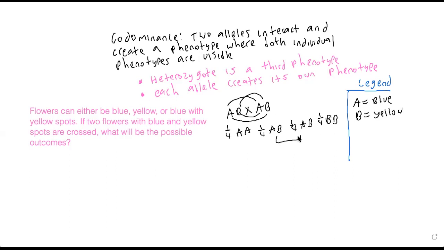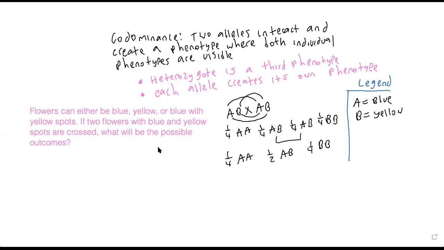Combine like genotypes, and we end up with 1/4 homozygous for blue. We have 1/2 heterozygous with blue and yellow spots. Then we have a 25% chance, or 1/4 possibility, for homozygous for yellow.